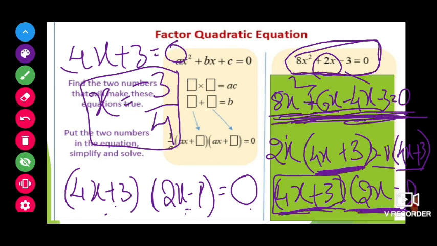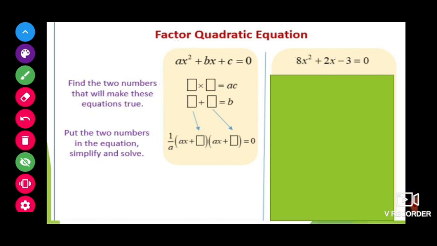Factorization, did you understand now, children? Factorization always means converting the given expression into multiplication of two expressions. How we will do it: first we take what we get if we multiply these two, including the sign. Then we take that number and the middle number.